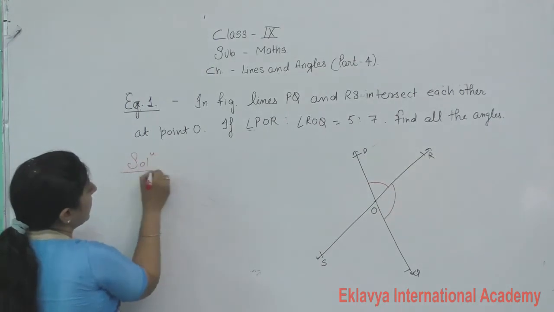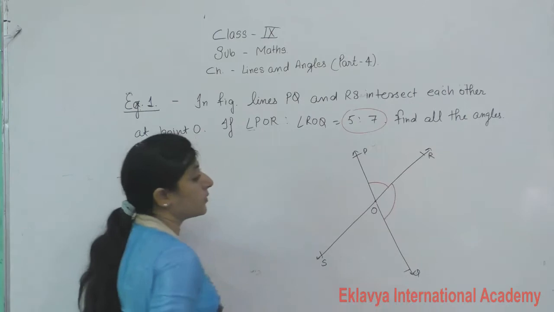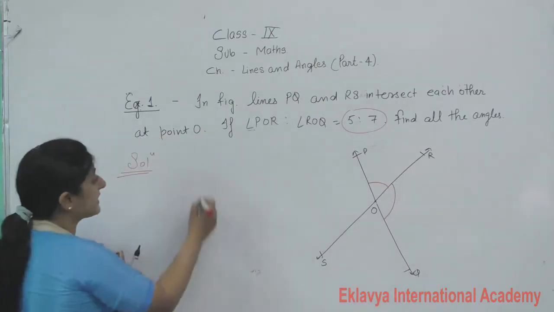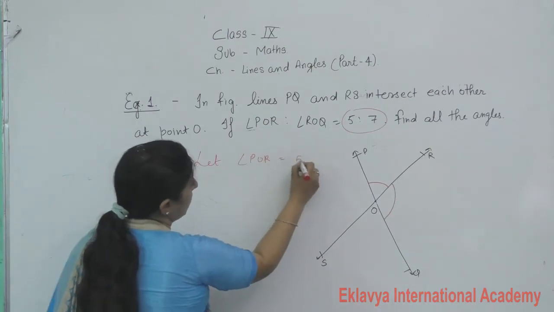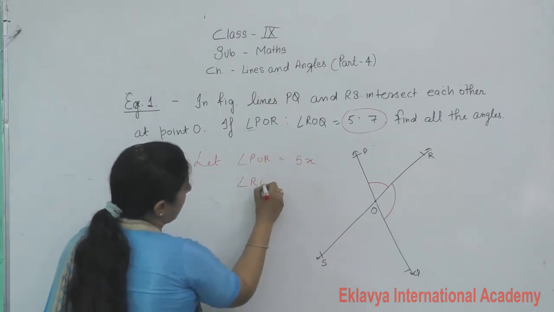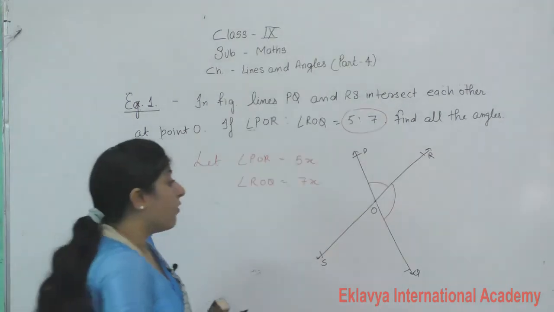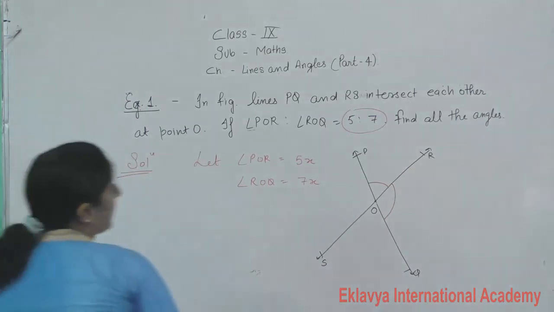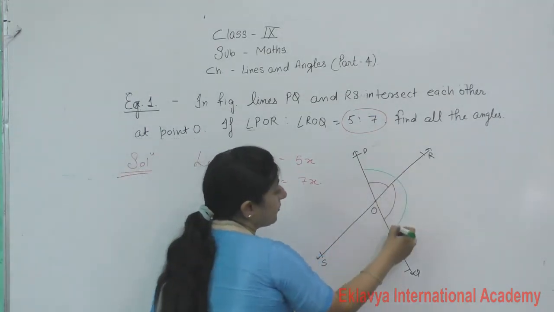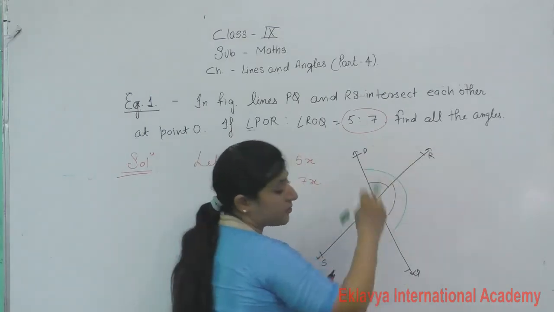Solution: whenever you have this type of ratio, you can write like this. Let angle POR be equal to 5x and angle ROQ be equal to 7x. What is the relation between POR and ROQ? If you see properly, this is the line PQ and ray OR stands on it.